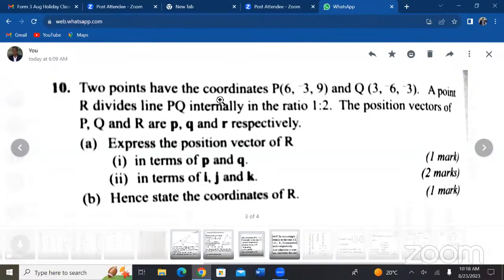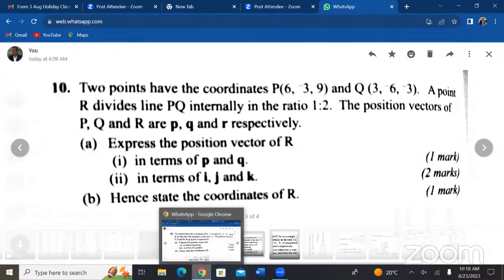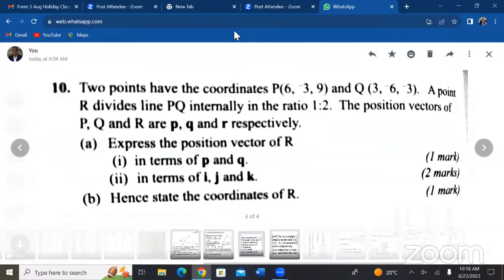So maybe the errors came from some addition or some subtraction of vectors, some multiplication of vectors with the scalars. But the progress is good. We are on the right track. So you have to be very cautious when you're doing your multiplication of vectors, especially with scalars, in situations where mostly we are using negatives.